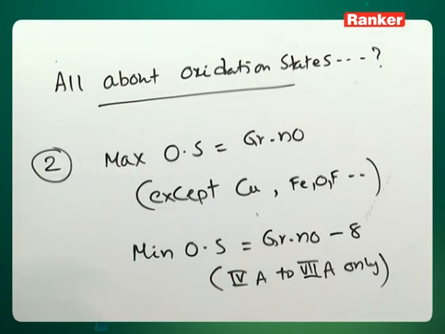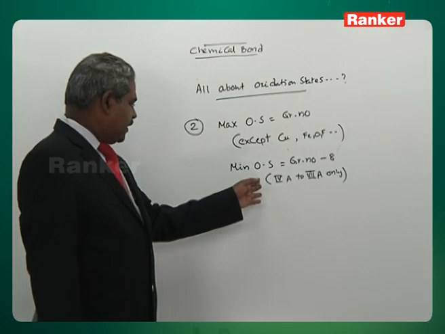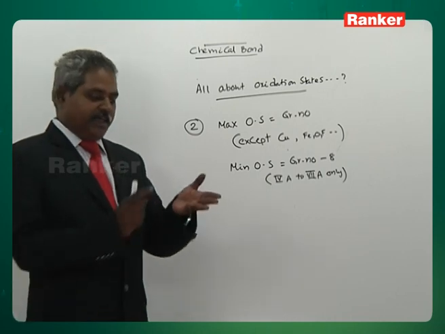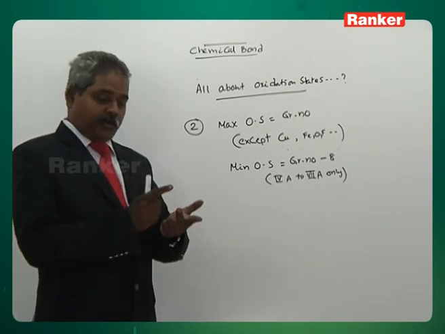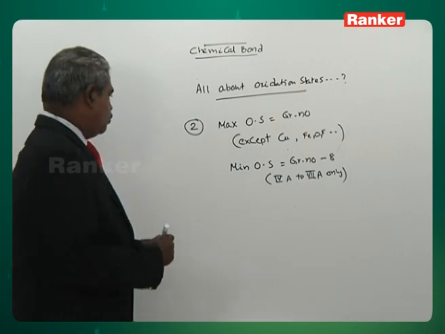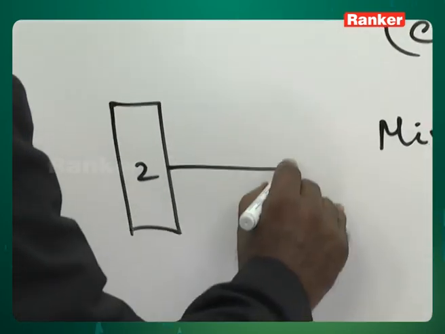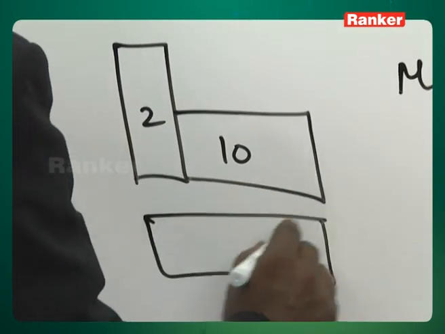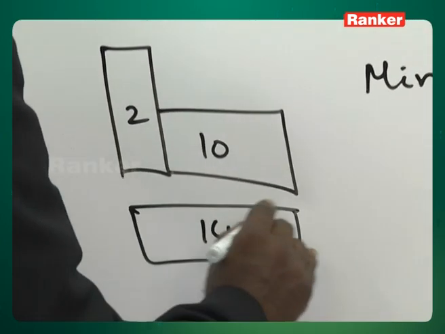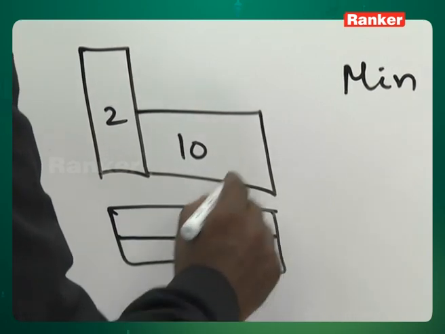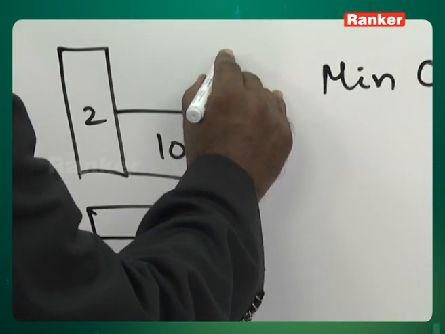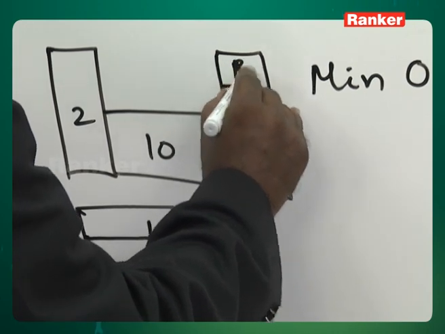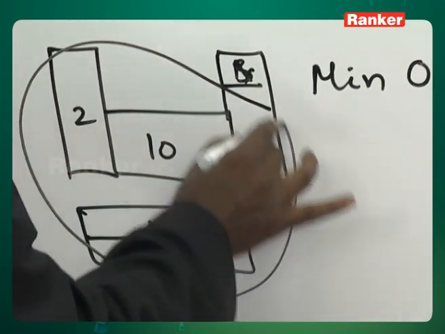Before the 4th group, aluminium, gallium, indium, thallium, all other elements, the 2 groups of S block, the 10 groups of D block, the 14 odd groups, if you don't want to call them groups, 2 series of F block, and even the 3rd group except boron, all others are metals.